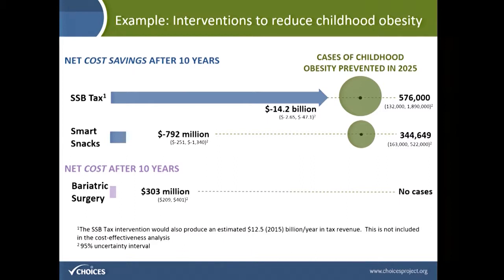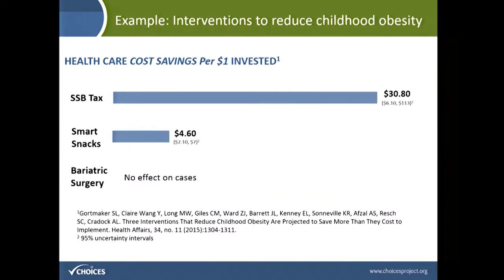It's too little, too late, and that's true of a lot of treatment. And again, if we look at the healthcare cost savings per dollar invested in SSB tax, Smart Snacks, both save more than they cost to implement. I mean, really kind of remarkable interventions in that sense.